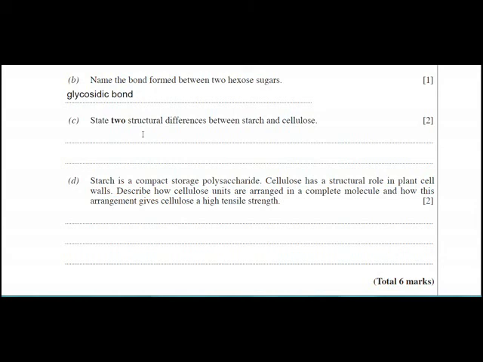What the examiner wants in this type of question is for you to state concisely the differences between one feature of starch and cellulose together. So let me write in the structural difference I just mentioned as the examiner would want you to do it.